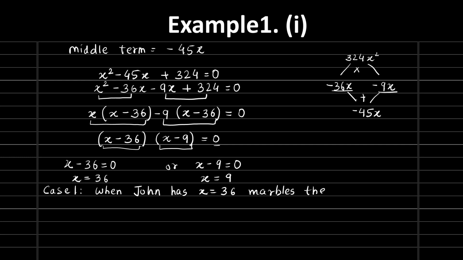Then how many will Jivanti have? Jivanti has 45 minus X, which is 45 minus 36, and hence it is 9 marbles. This is the first case when we assumed that John has 36 marbles. We got that Jivanti has 9 marbles in that case.